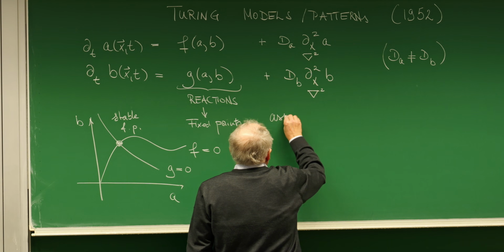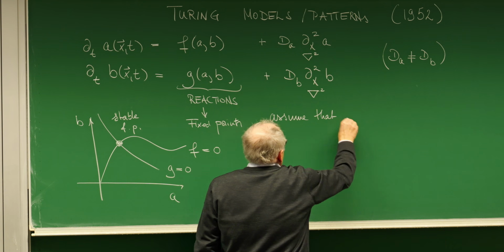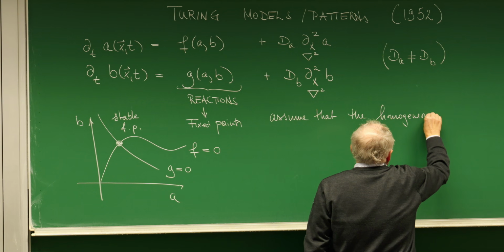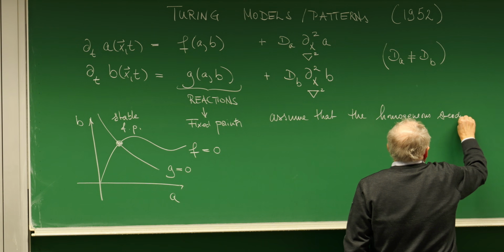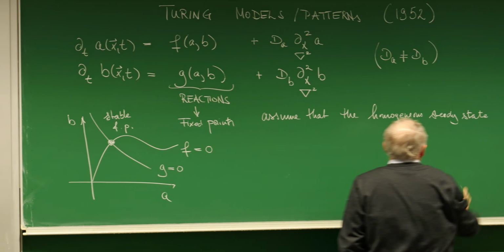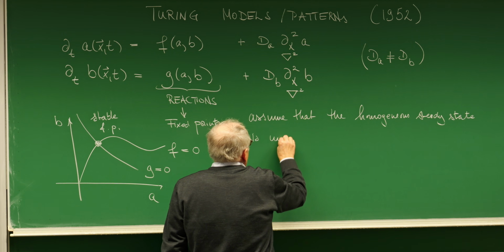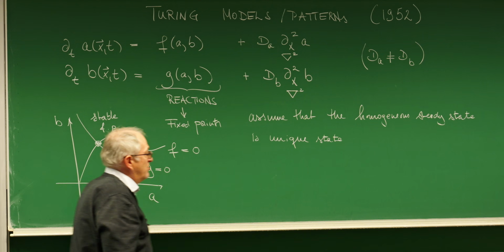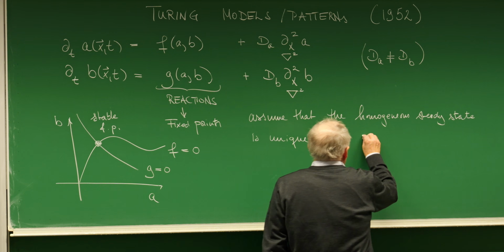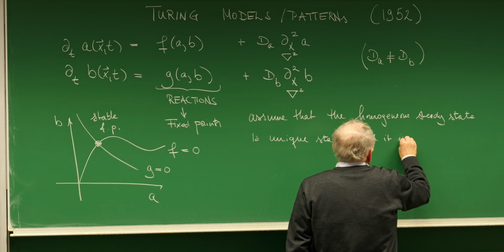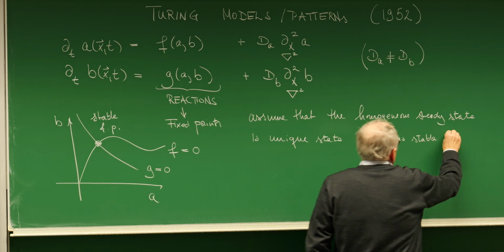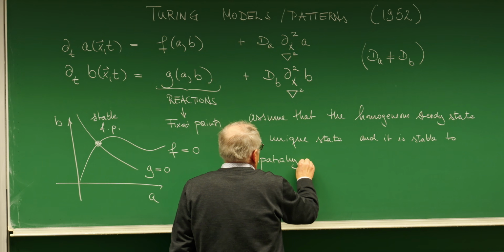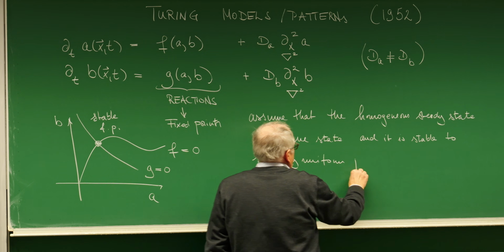So we assume that the homogeneous steady state is a unique state, so no bistability occurs, no limit cycle occurs, and it is stable to spatially uniform perturbations.